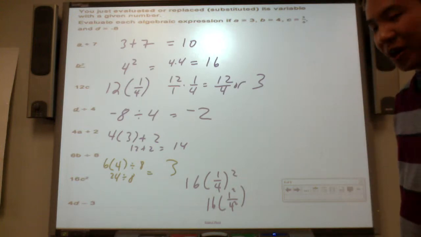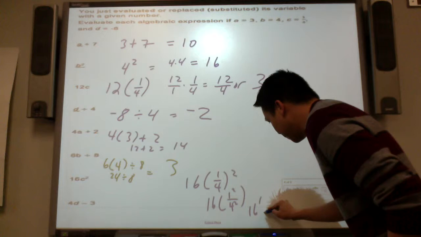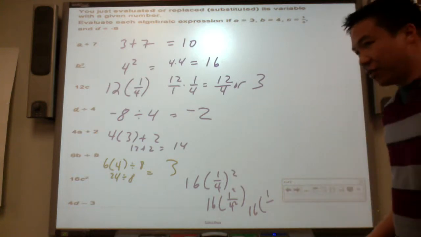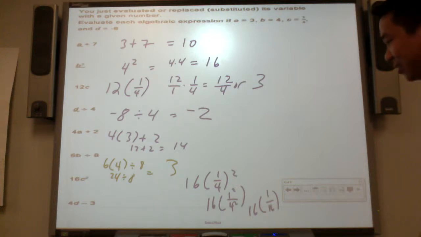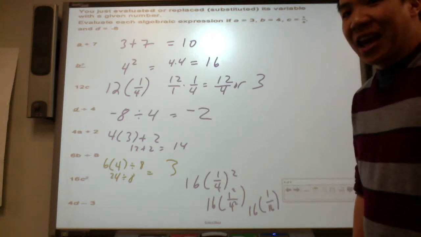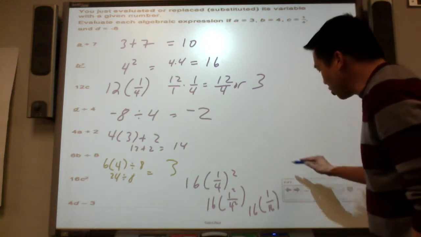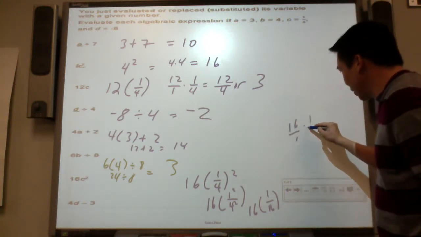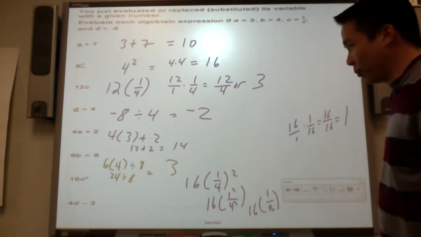What is 1 squared, or 1 repeated twice? 1 times 1 is 1. What is 4 squared? 4 times 4 is 16. So what is 16 groups of 1/16? If you add 1/16 16 times, you can do it that way. Or you can just multiply. 16 times 1/16 is 16 over 16, or 1 whole.